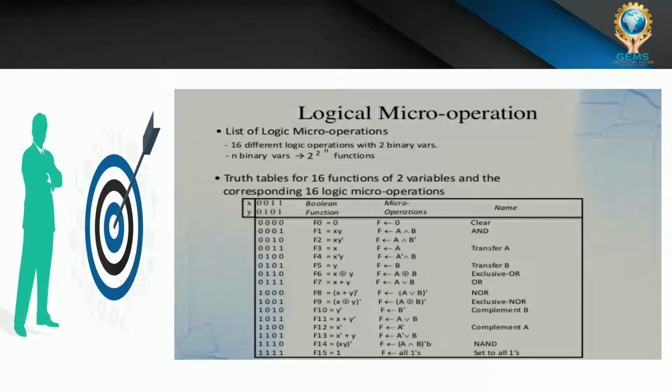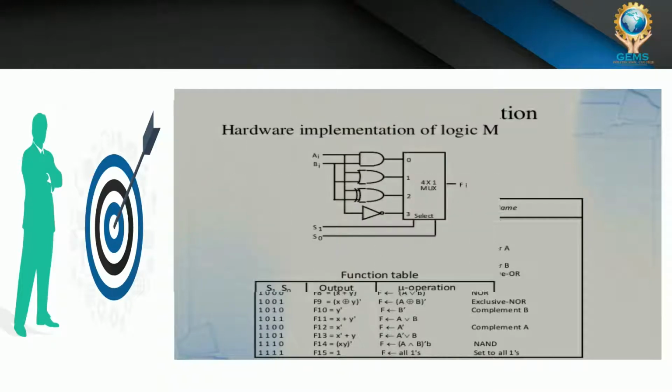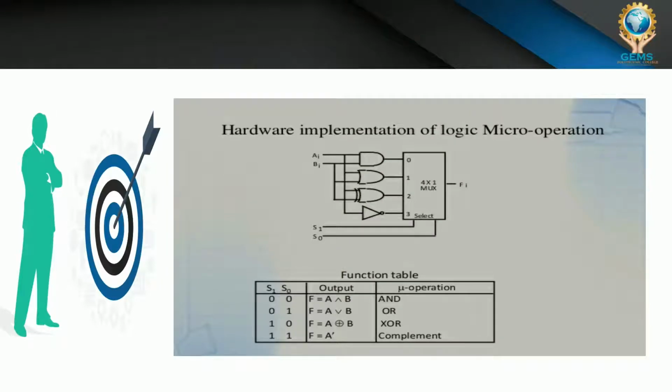Initially 0 0 0 0 performs the clear operation. If it is 0 0 0 1, it performs the AND operation. If it is 0 0 1 0, it performs the transfer operation. If 0 0 1 1, it performs the exclusive OR operation. Based on the input, the micro operation and the Boolean function, it gives the output. Look here: hardware implementation of the logical micro operation.